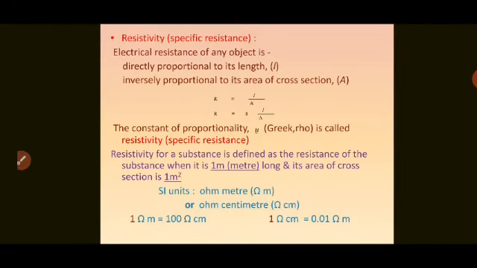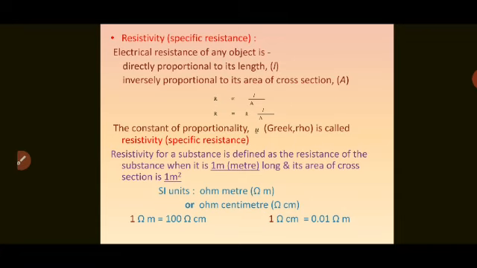Next one is resistivity, which is also called specific resistance. Why are two names given? Because in the earlier syllabus, specific resistance was given, and now in our textbook it is given as resistivity. So what is this resistivity?